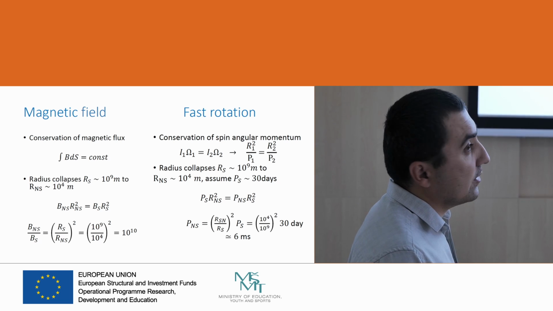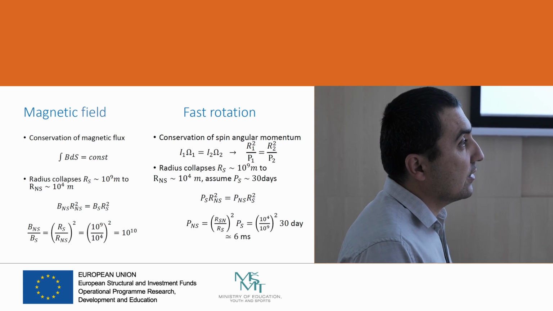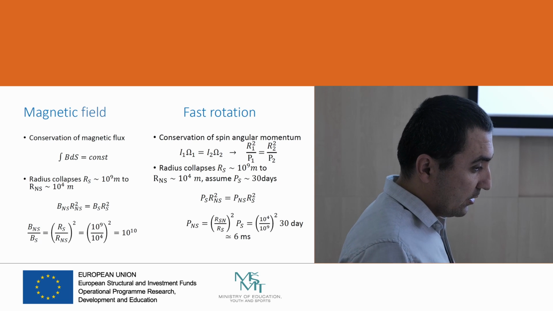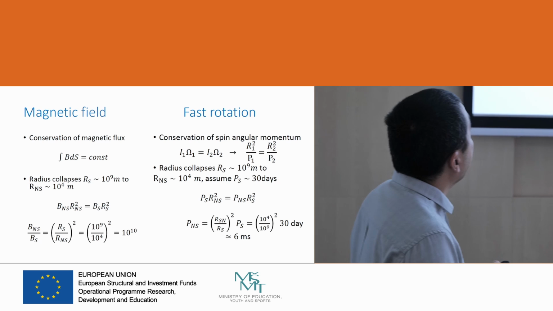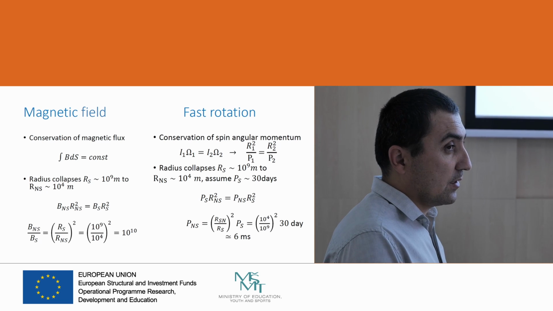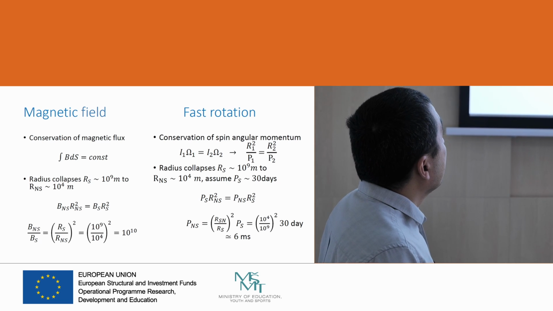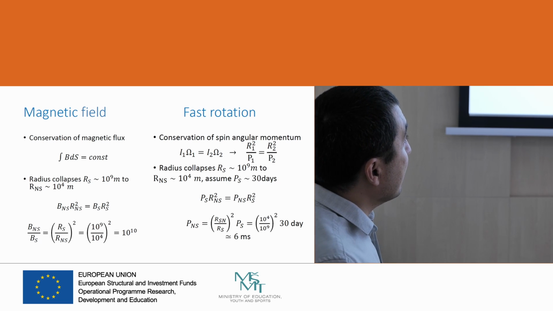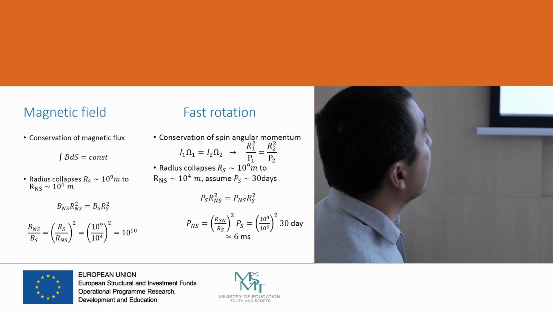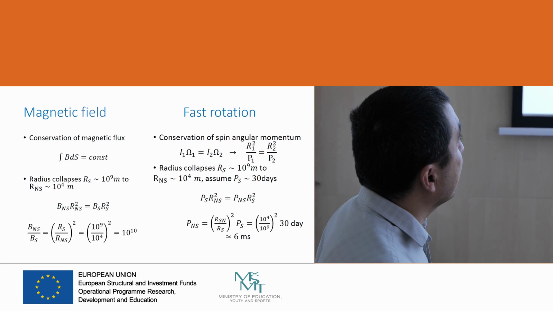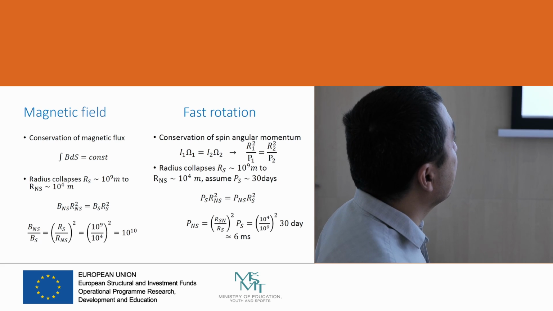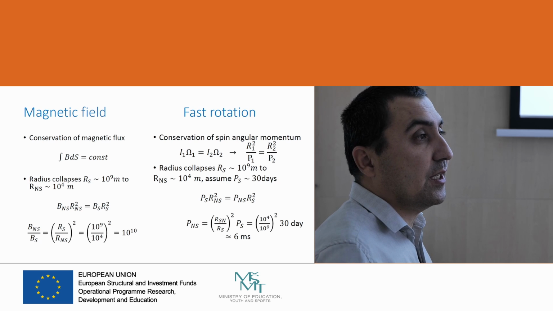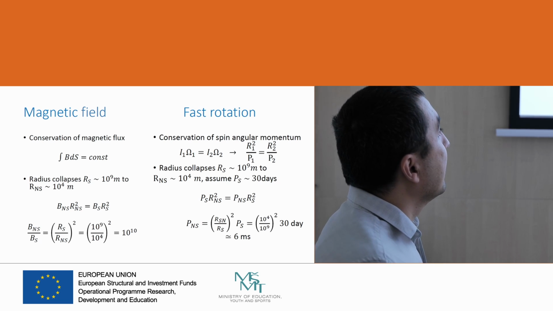Why are neutron stars so fast and highly magnetized? It is due to the fact that during the collapse, the magnetic flux is conserved. Using the conservation of magnetic flux, we can calculate how much the magnetic field of the star will increase.